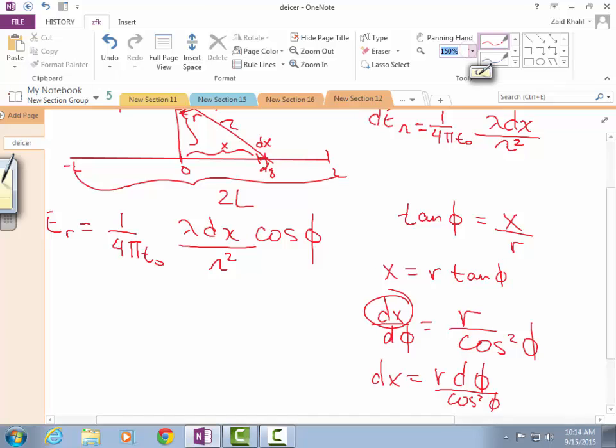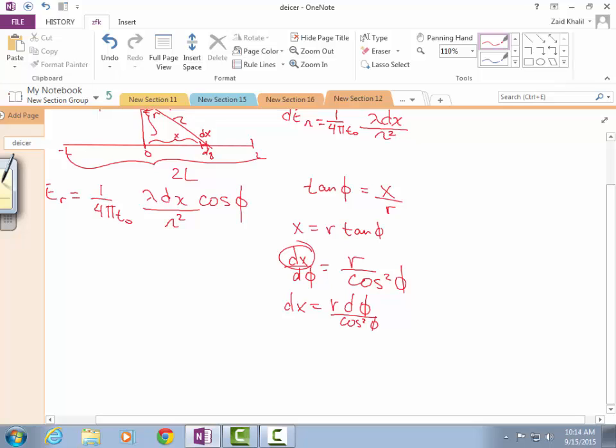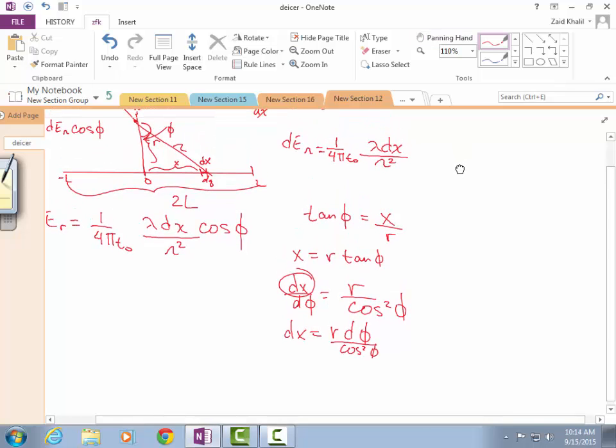So now I'm going to zoom out a little bit more. Now, I want to express this script r squared in terms of phi. How am I going to do it? Yet again, what do I want to do it in terms of? Using little r. So, we say that the cosine of phi is equal to what?